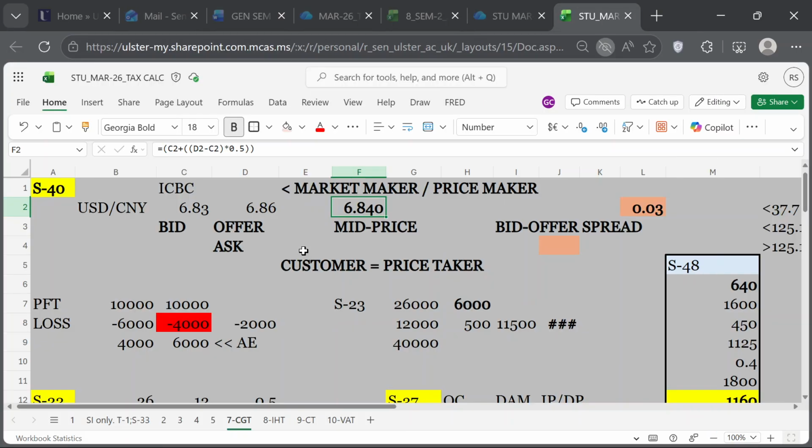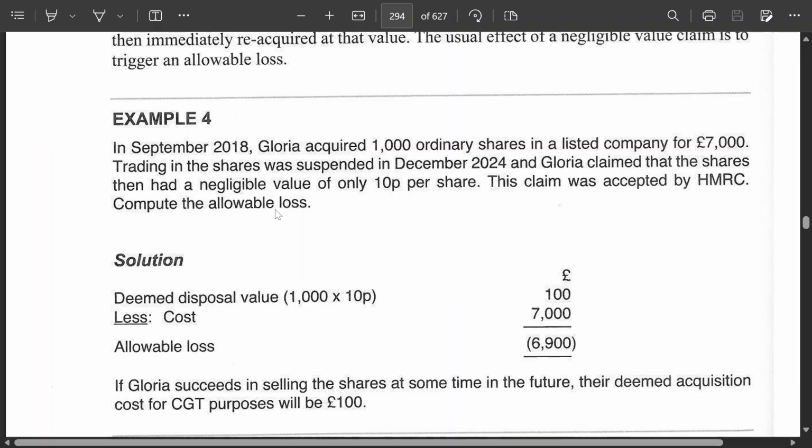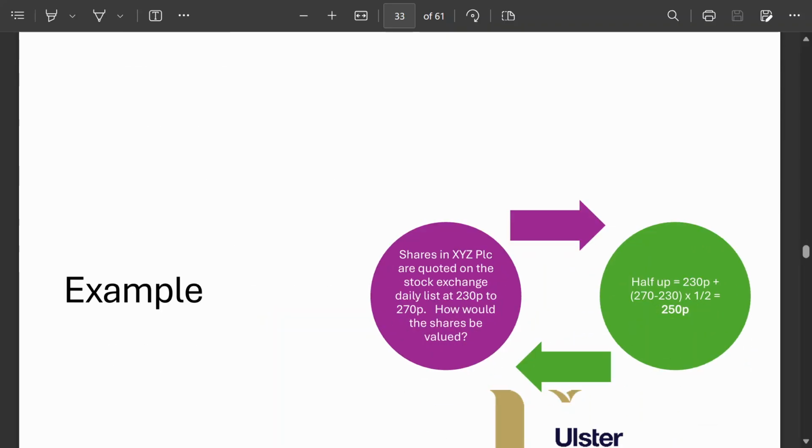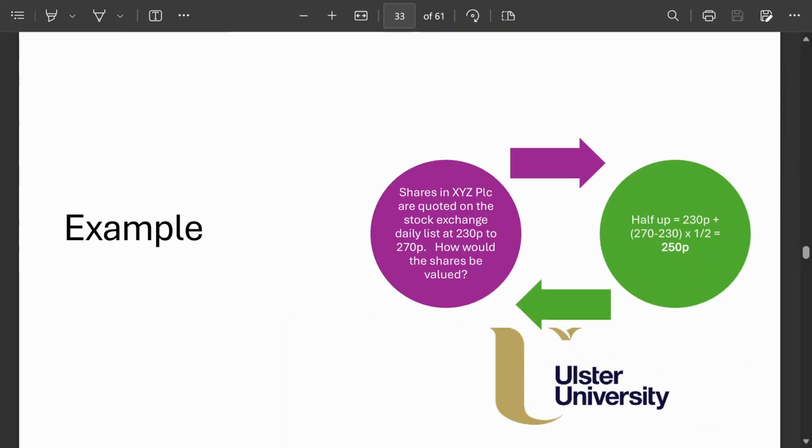When you need to use the market price, information will be given like this: the shares were quoted at 683 pence and 686 pence. Like here, they are quoted on the stock exchange at 230 pence to 270 pence.